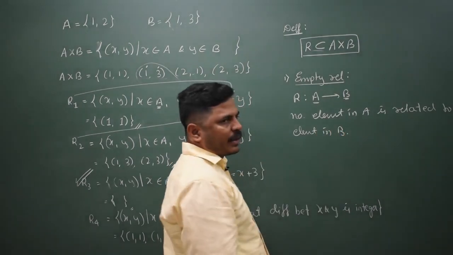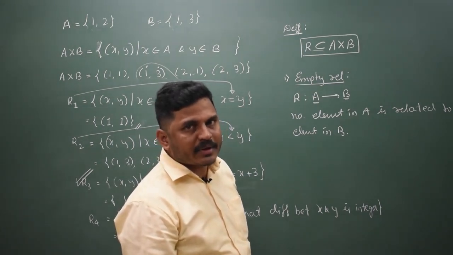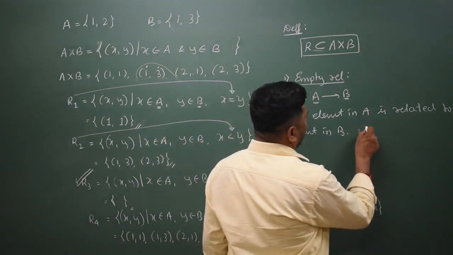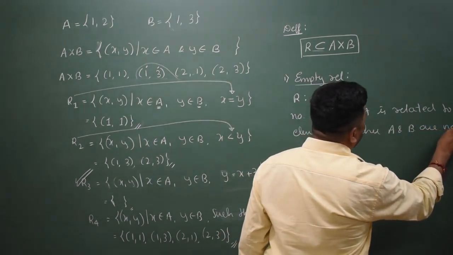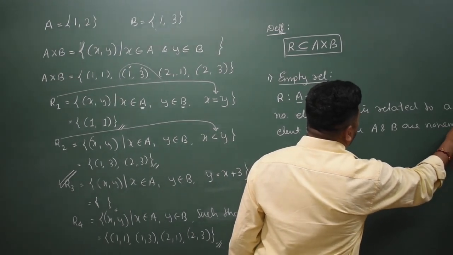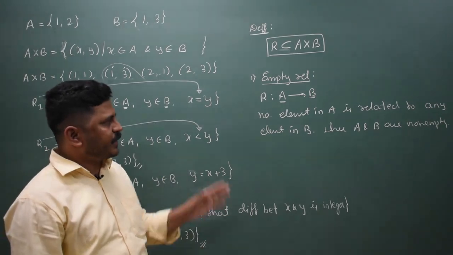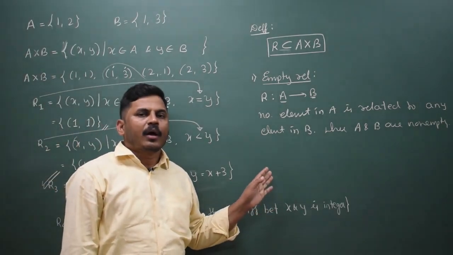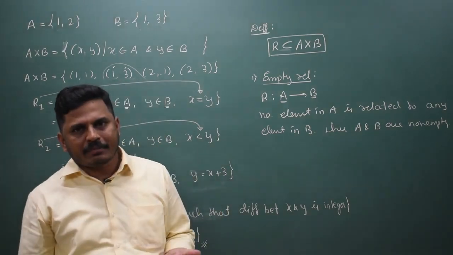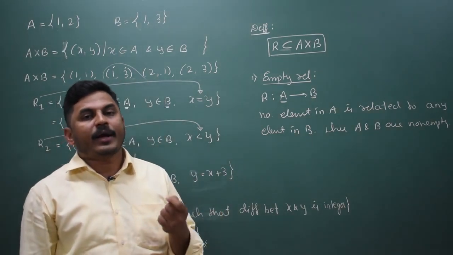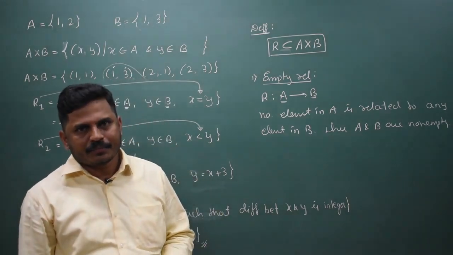Very importantly, we should say where A and B are non-empty sets. Otherwise, it is an empty relation only. Either A is an empty set or B is an empty set, then definitely A cross B is empty, hence R is an empty relation, no doubt.